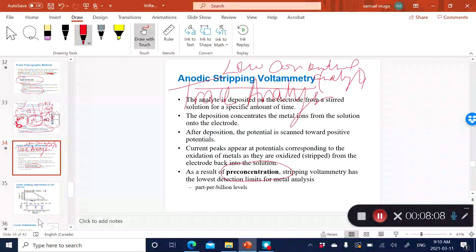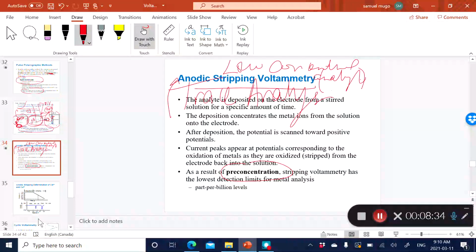Now, I don't know if you guys remember this, but if you think about chromatography, one pre-concentration approach is what you call solid phase extraction. In voltammetry, you can do something similar as far as pre-concentration is concerned, and that is only possible when you're doing anodic stripping voltammetry.